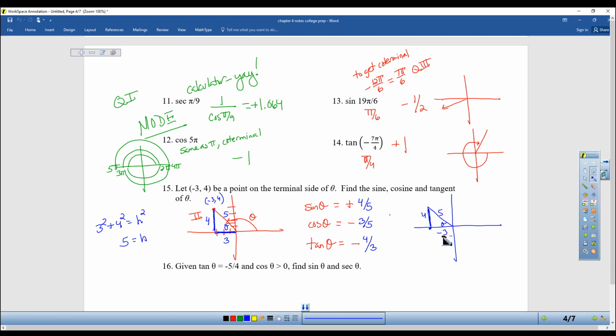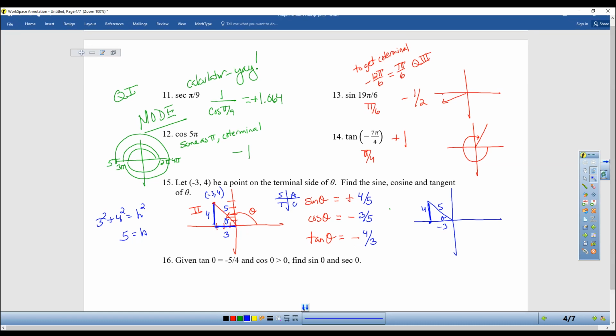Cosine is -3 over 5. And tangent is -4 over -3. So -4/3. So interestingly, you could have gotten the positives and negatives just from your triangle if you want to take the time to note whether or not the 4 and the 3 are positive or negative based on your picture. But since you've already learned ASTC, and since we knew we landed in quadrant 2, I just used that. The best thing is to use a combination and kind of use it as a double check.